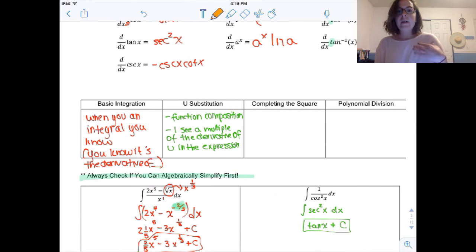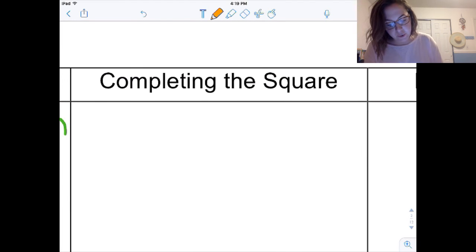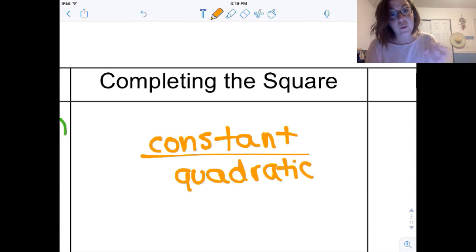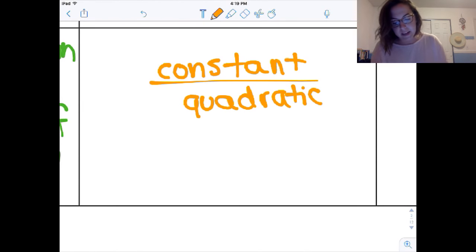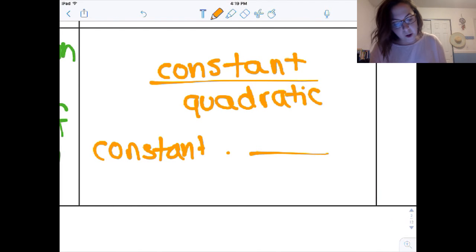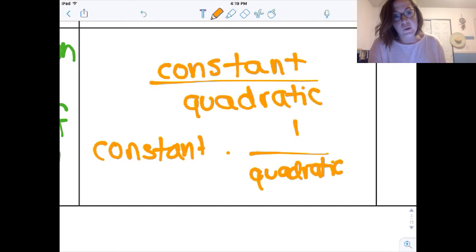Completing the square, typically, what you're looking at is something in the form of a constant over a quadratic. 98% of the time, that's what the form will look like. Because the constant you can just pull out to the front, and so that would make it a constant times 1 over a quadratic, right? And quadratics are what we typically complete the square on. So that's what I would work with there.